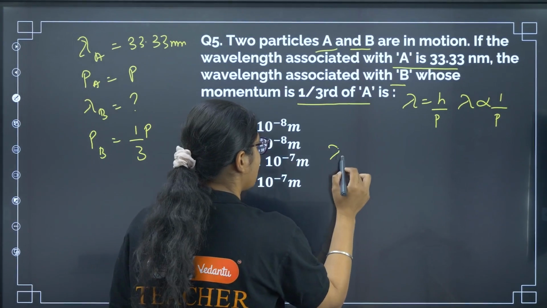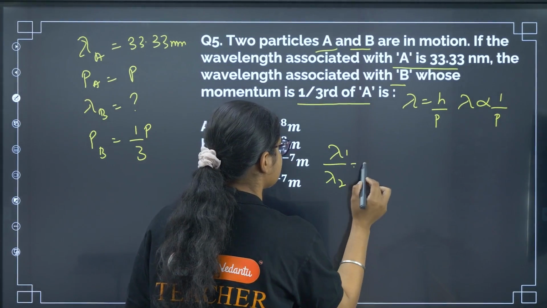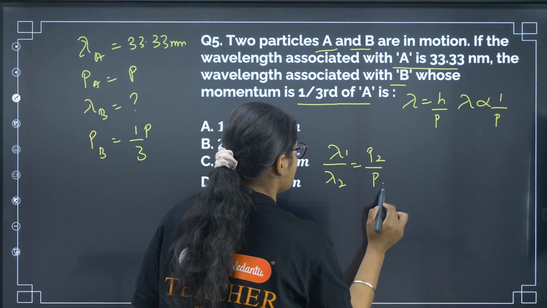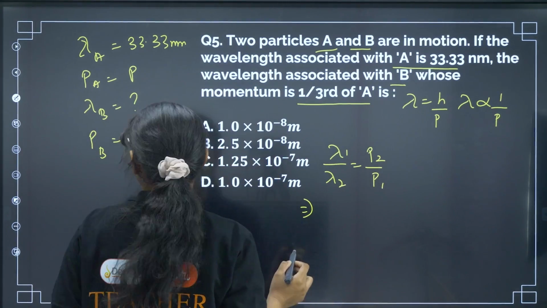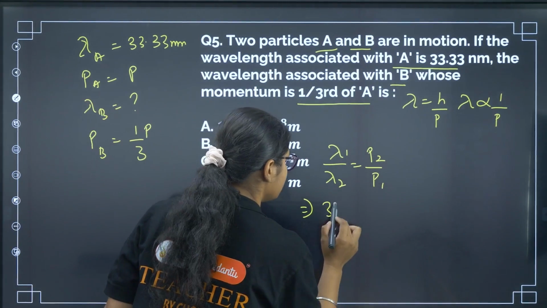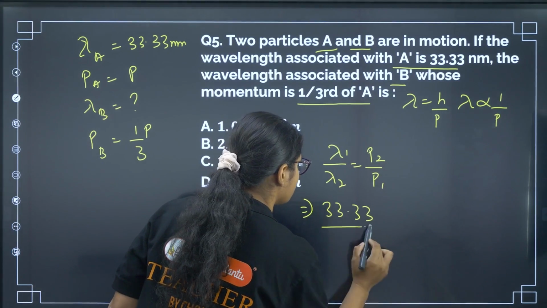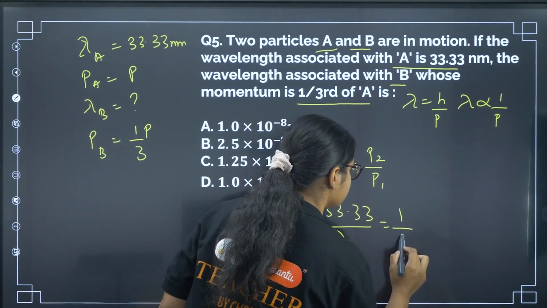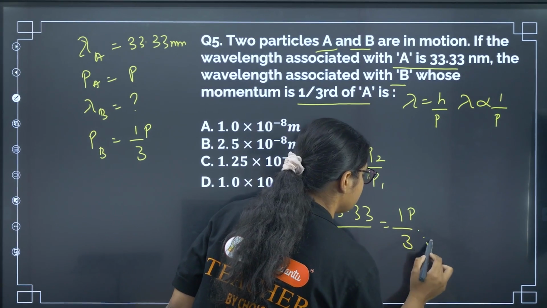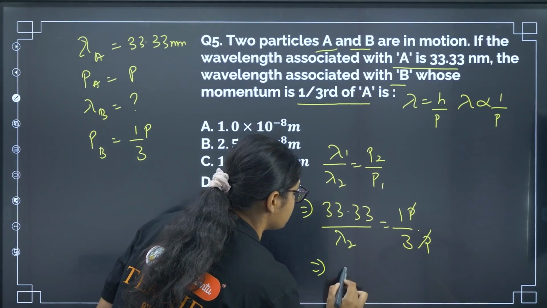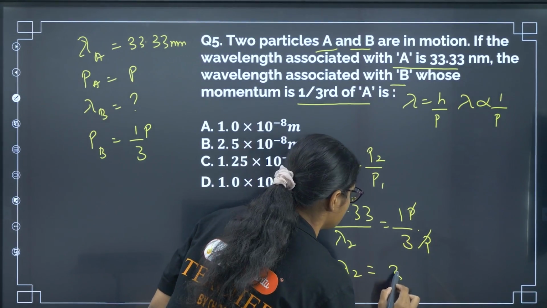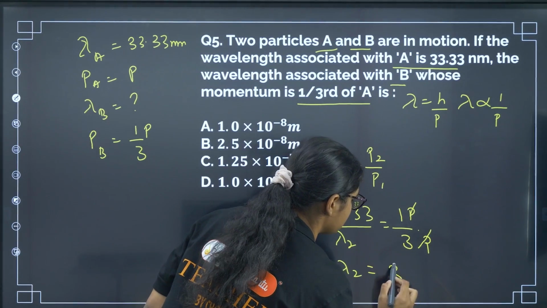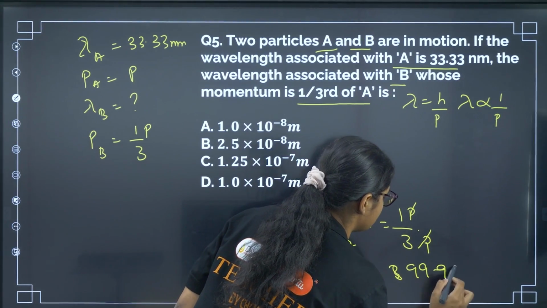So we can write lambda 1 by lambda 2 is equal to P2 by P1. Now let us write lambda 1 is 33.33. Okay, lambda 2 we have to calculate. P2 value is 1 by 3 P, and P1 let it be P. So what I'll get, lambda 2 will be equal to 9. So you can multiply here, 99.99.